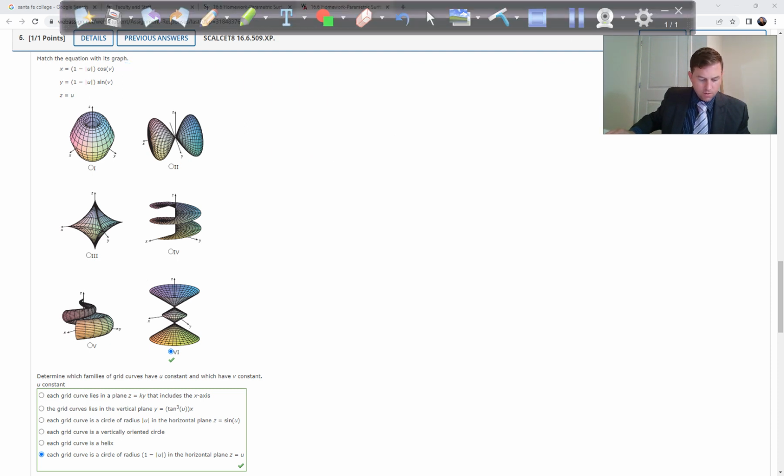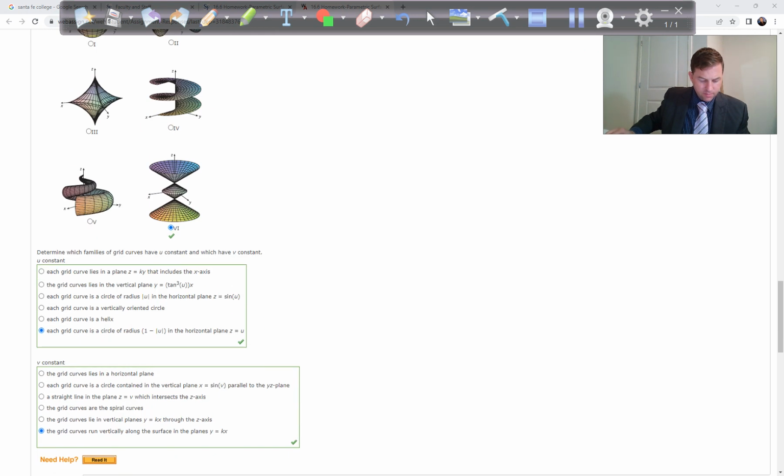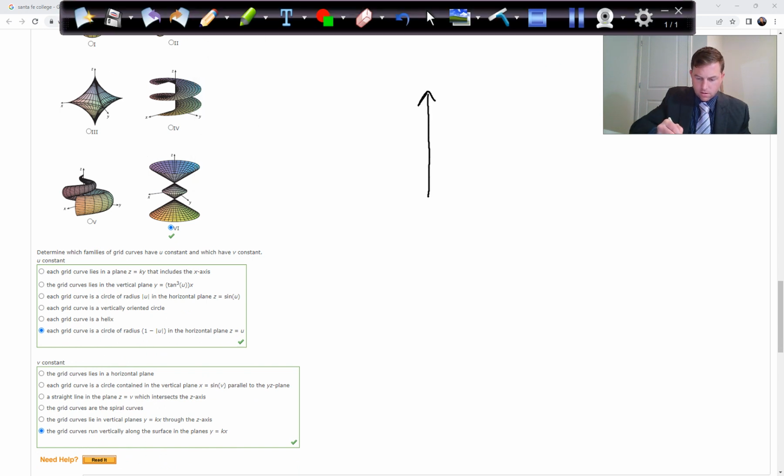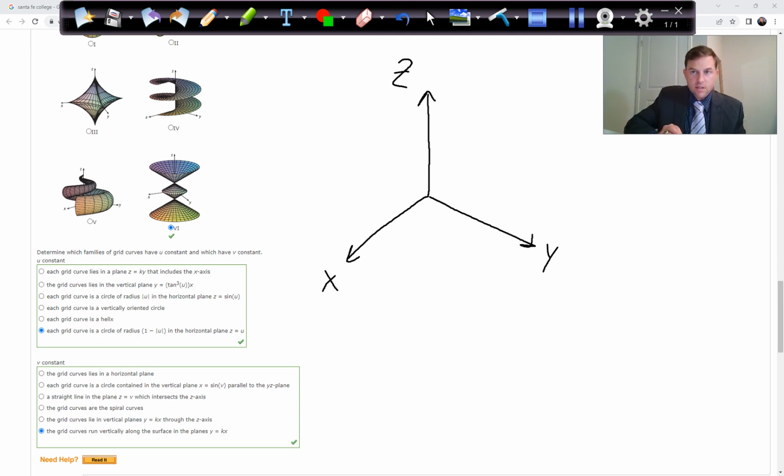And then the second one, if v is constant, we get, okay, so if we draw this one, and now v is a constant, these grid lines are going to run along the planes y equals kx.